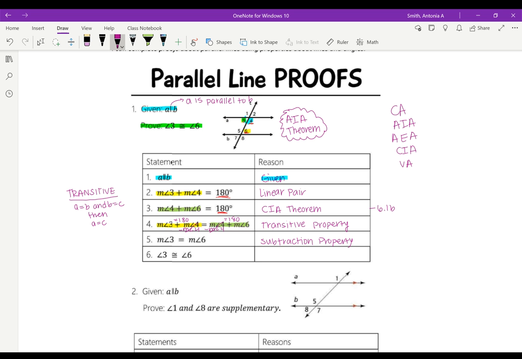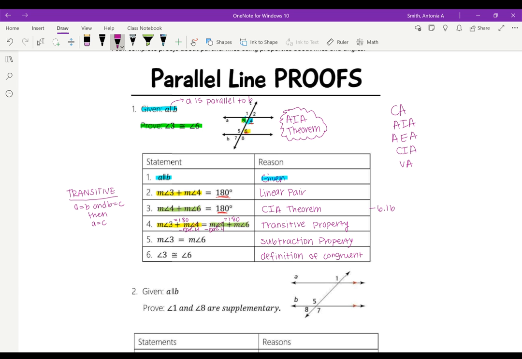Okay, so there's a reason why I can change from equals to congruent, and it's a really simple reason. It's just because I know that congruent means equal. So whenever I say it means the same thing, we're using a definition. And this is just the definition of congruent.